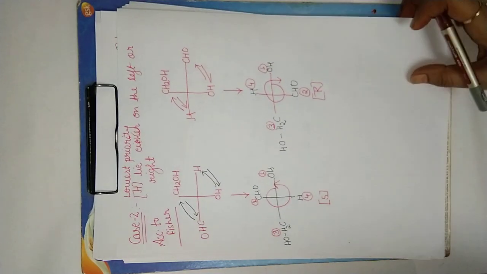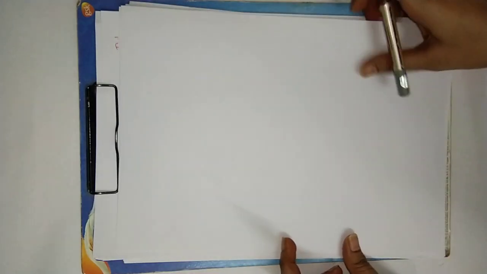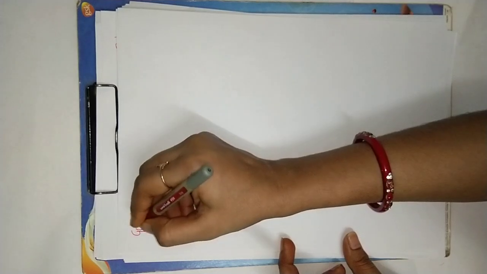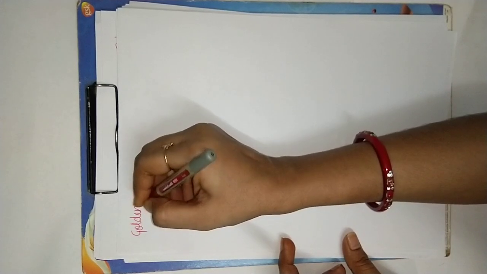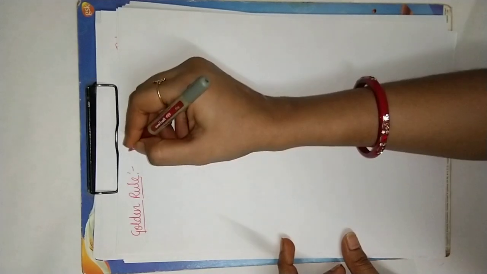If you don't want to interchange the groups, then there is one rule, which is the golden rule. This golden rule is applicable only for case 2.